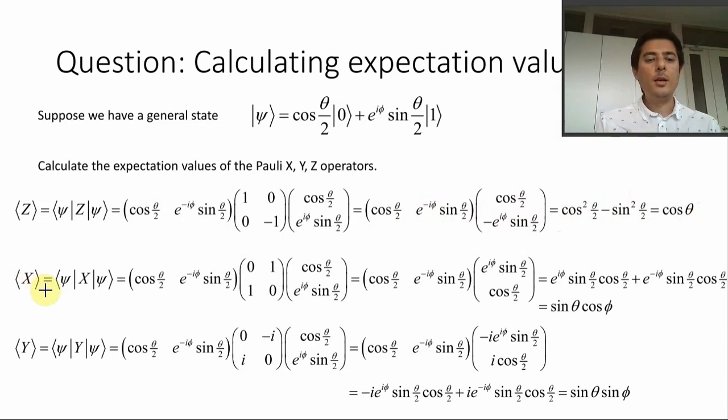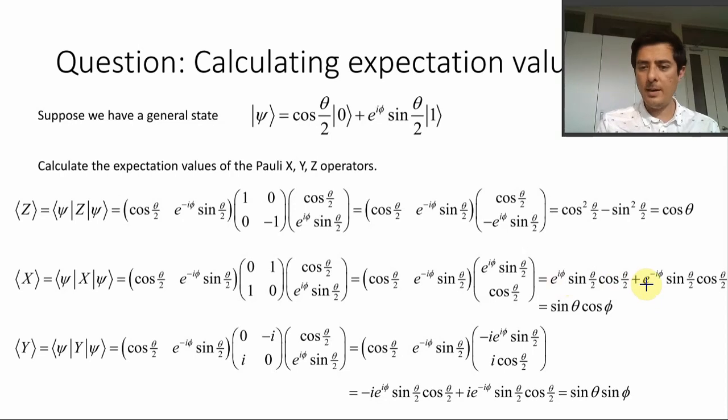For x, the difference here is that the x actually flips the vector from the top to the bottom, right? So when you multiply this with this matrix here, the top and the bottom flip, and then you do this multiplication, and you get e to the i phi plus e to the minus i phi term.